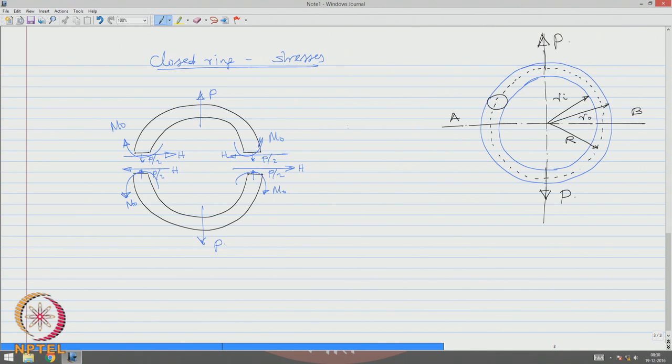Please note the moment MO has a tendency to increase the radius of curvature. It means at any point here, mark this as let us say A1, at A1 it will cause tensile stresses, and at the corresponding B1 it may cause compressive stresses.